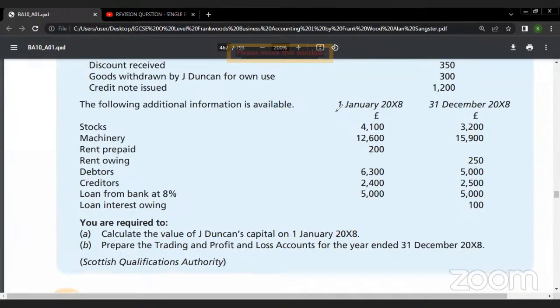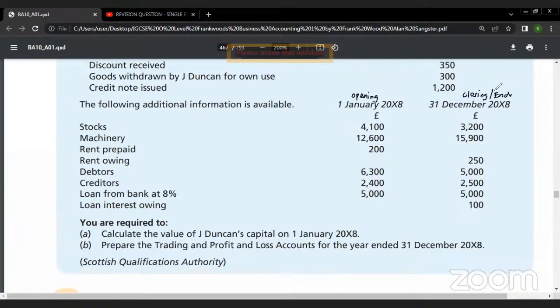These are opening values. This is the start. Then these are closing at the end of the year, your end balances.